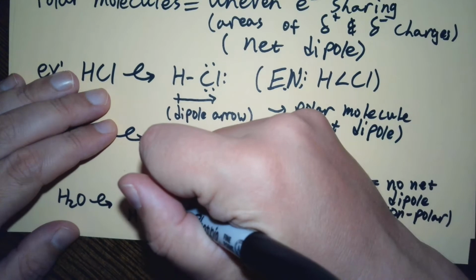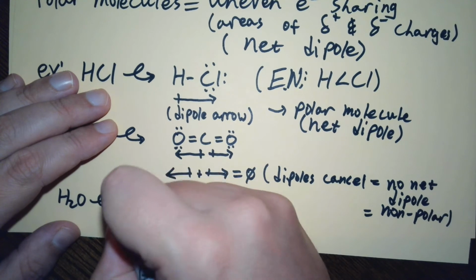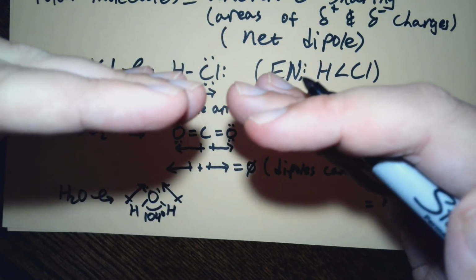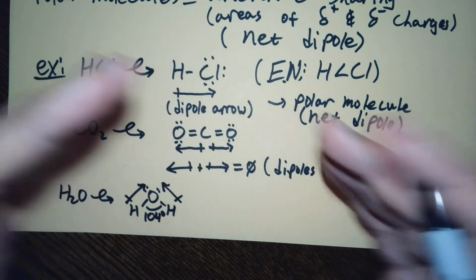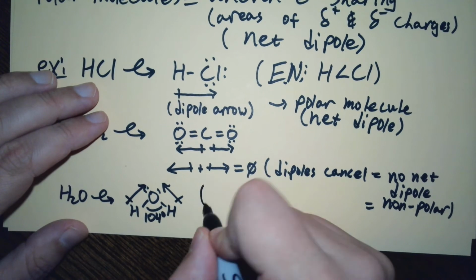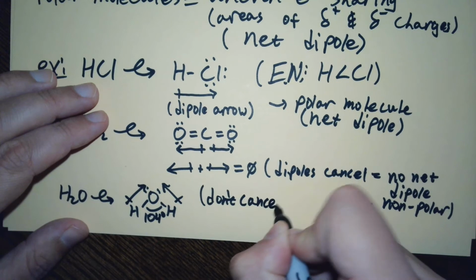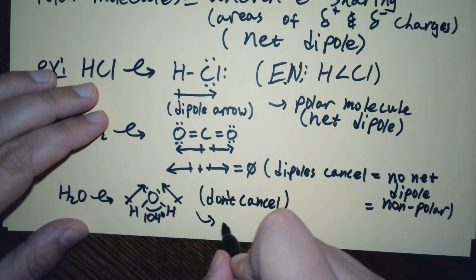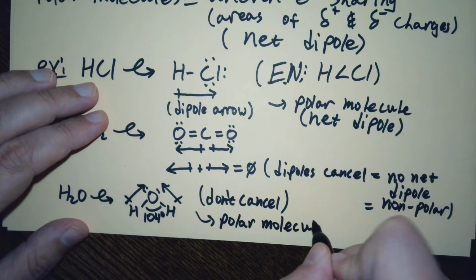So when I draw my dipole arrows, they're not directly opposite each other like CO2. They're bent, so they don't cancel. We get a polar molecule. So it's tricky. You've got to pay attention to the shape.